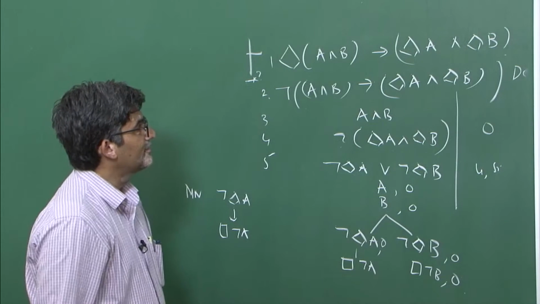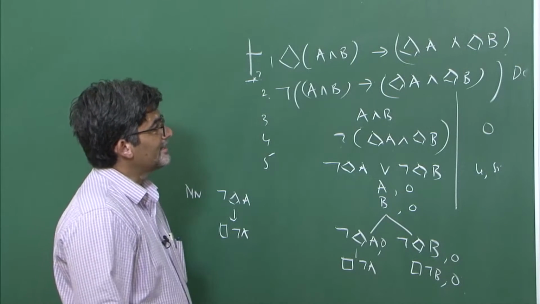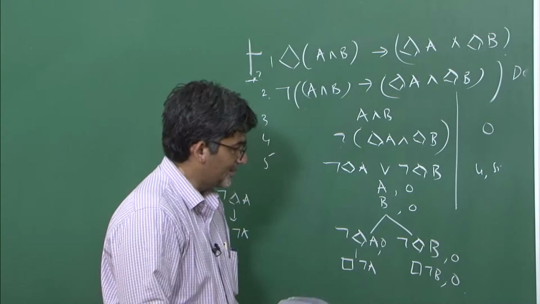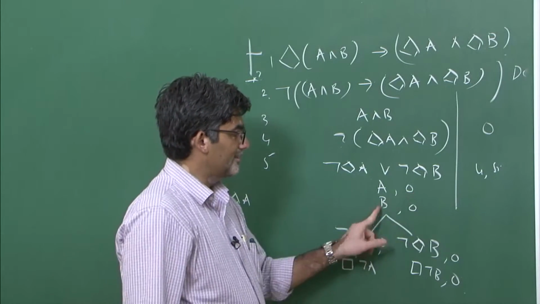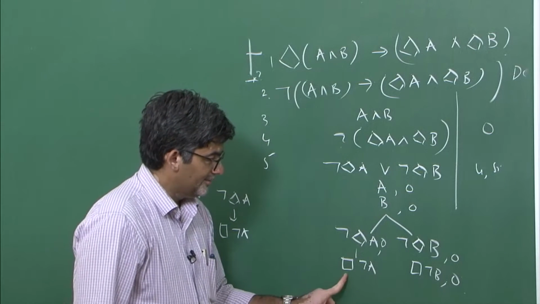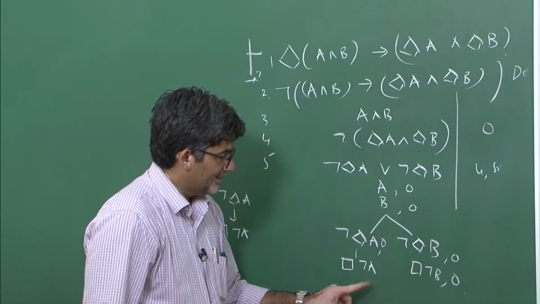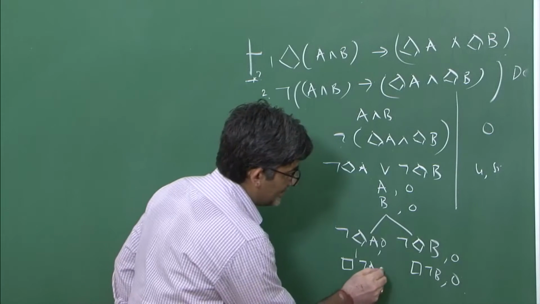So we are trying to understand under what conditions this branch closes. Observe here, A is true in world 0, B is true in world 0, but necessity of not A is also true in world 0.